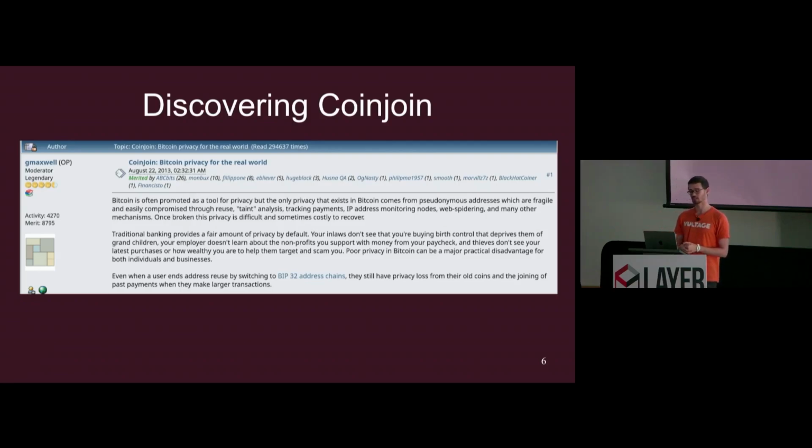But essentially, the idea is that you do not have to have all of the inputs in a transaction from the same person. You can actually have multiple parties create a transaction together. And so the original purpose of this was for privacy.